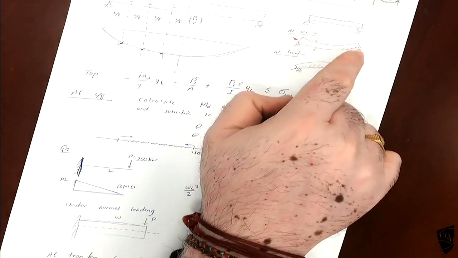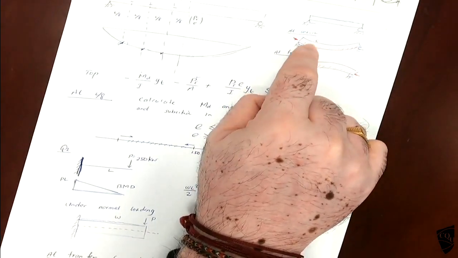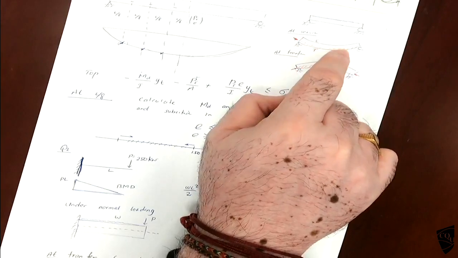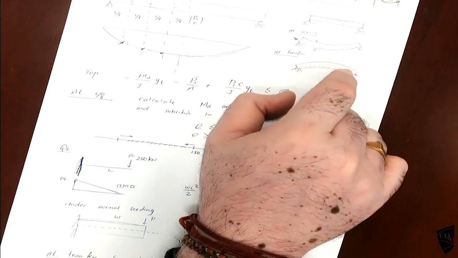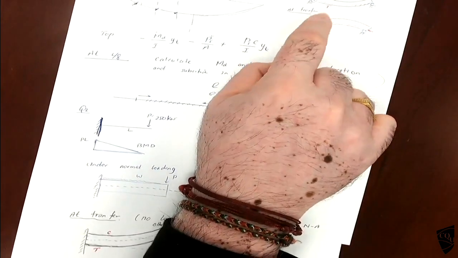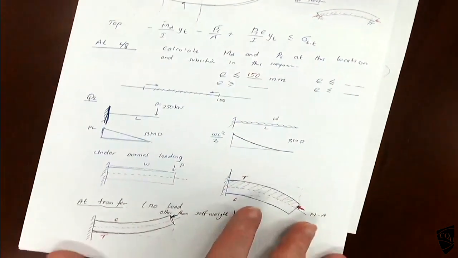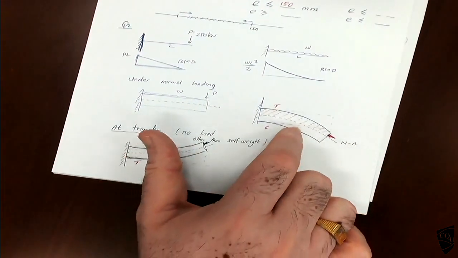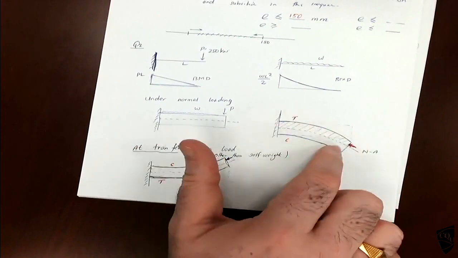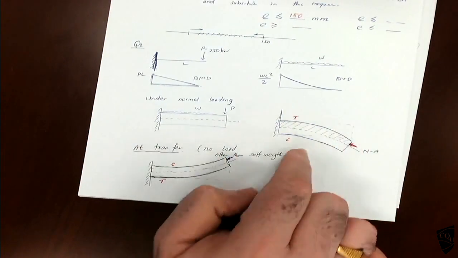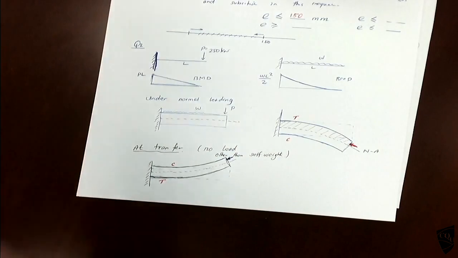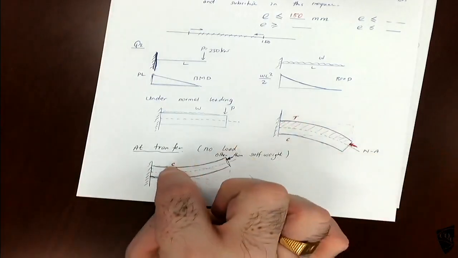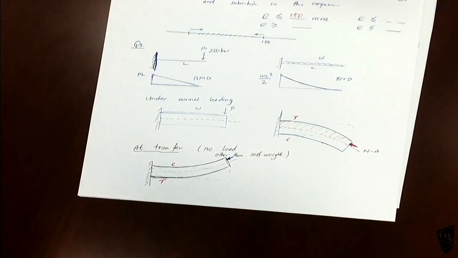If the beam bends downward under service load, at transfer it will be upward. So the curvature will be opposite.